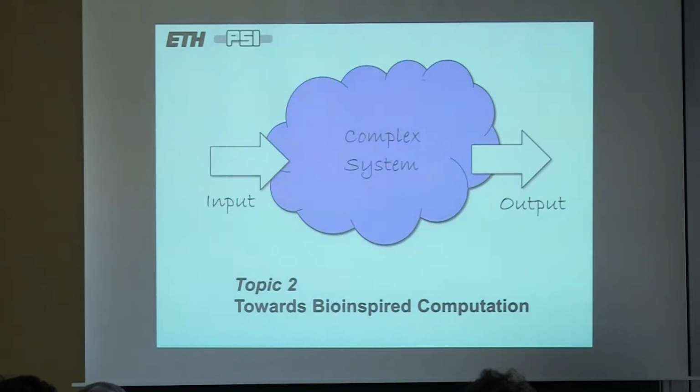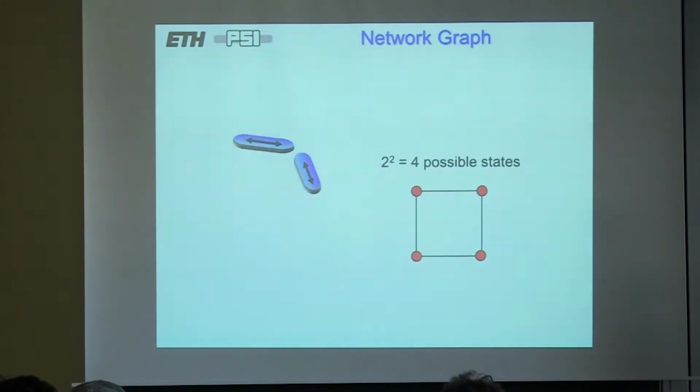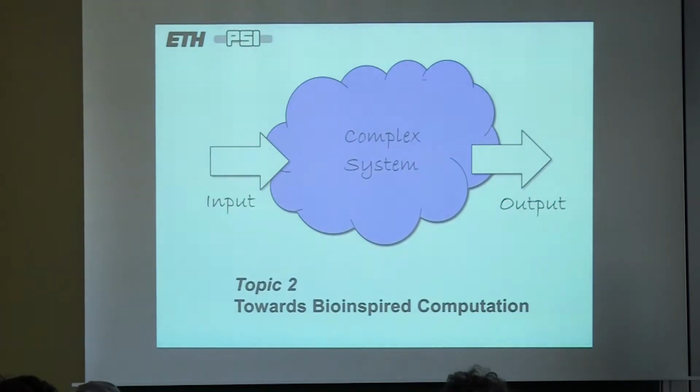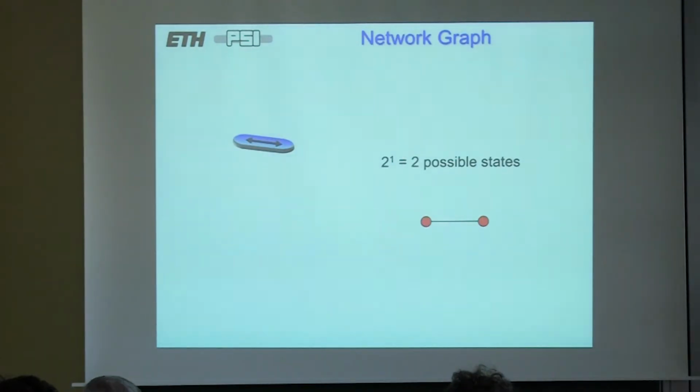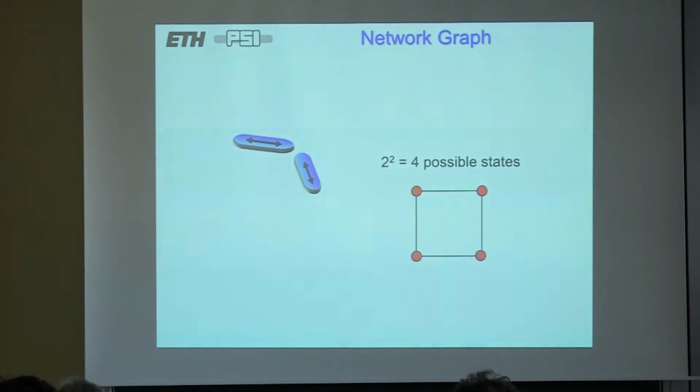And I want to just say a few words about complexity, just in case you didn't think these systems were complex enough. I turn to a network graph, and some of you will know that if I take a single nanomagnet with two states, I can represent these two states with two dots joined by a line. And if I add another magnet, then I have 2 to the 2, so 4 possible states, which I can represent as a square.